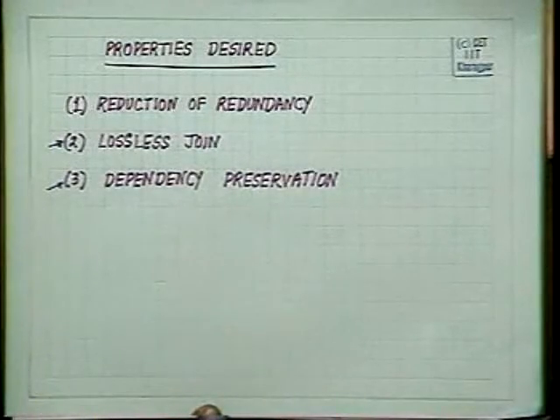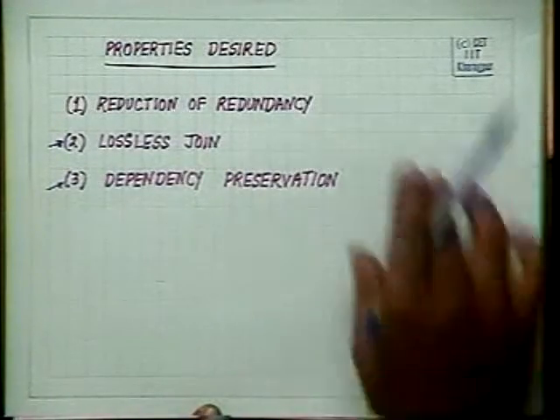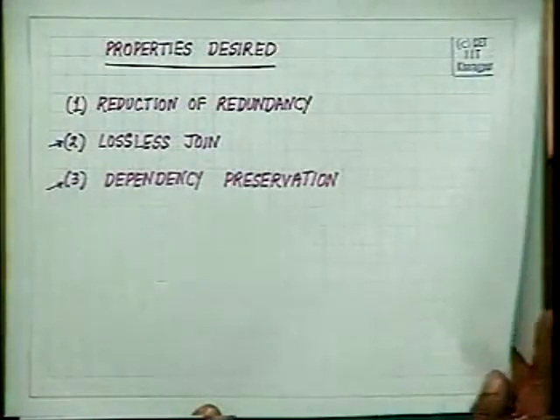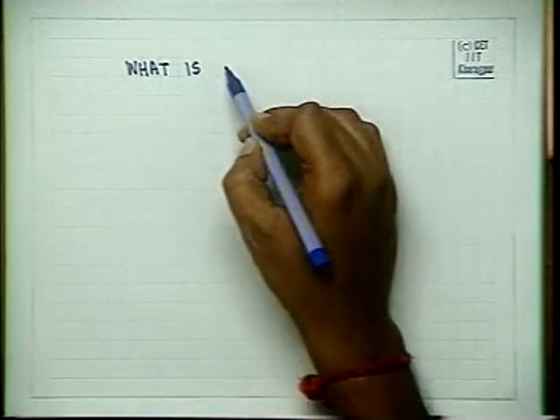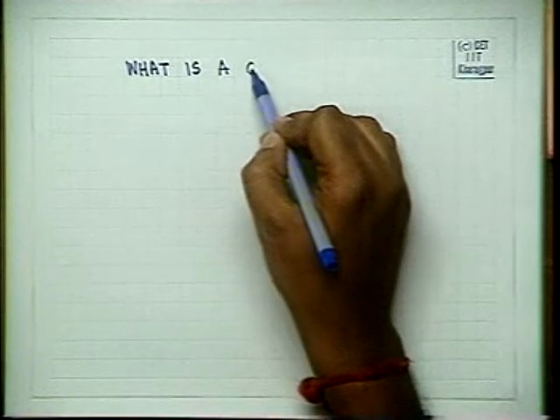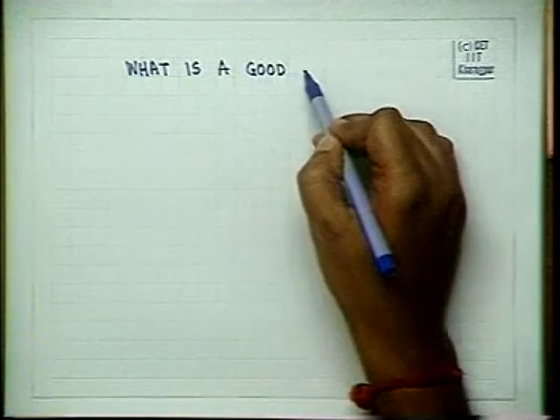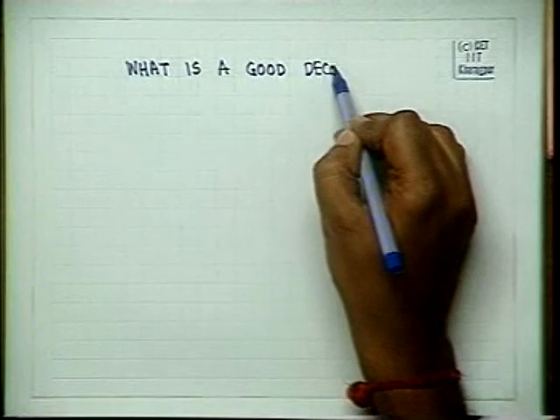So, the two properties are lossless join and dependency preservation. Now, which one will be called a good decomposition?